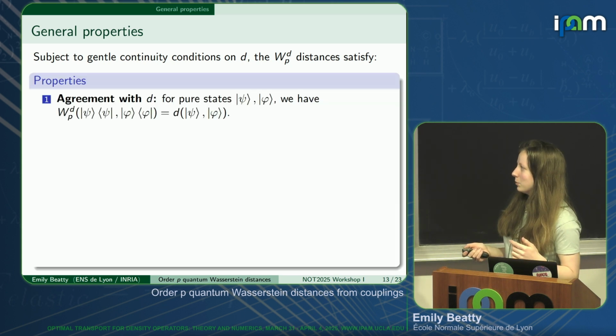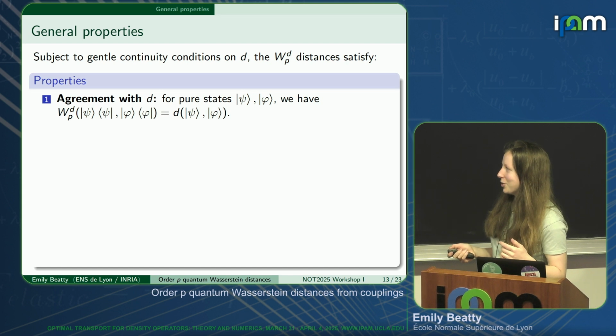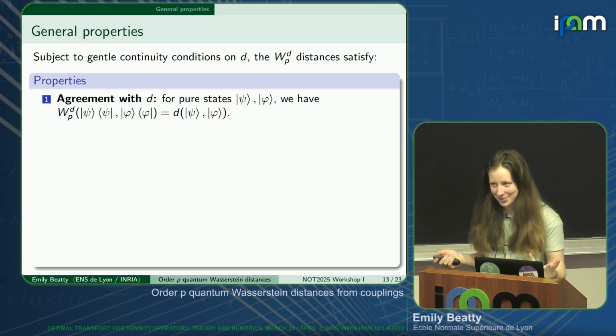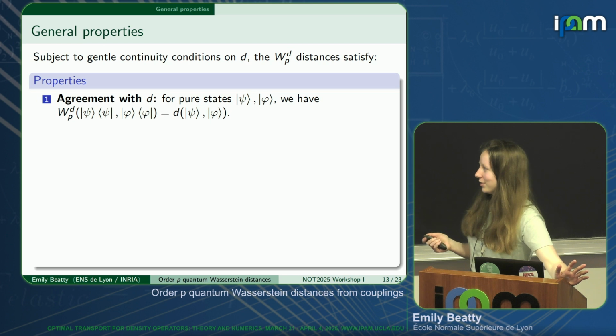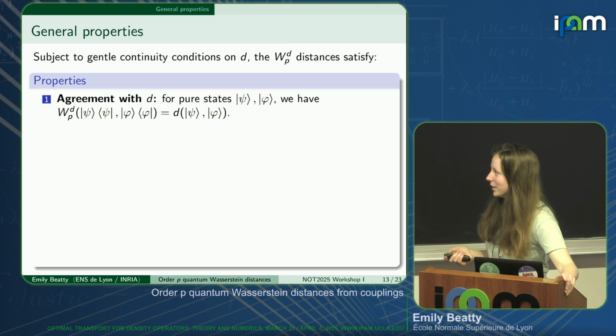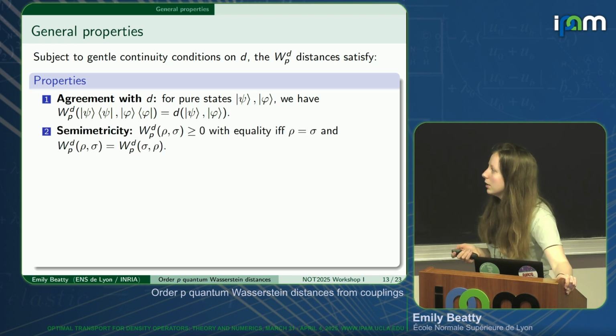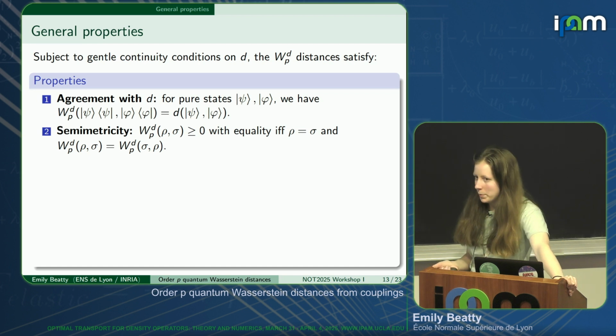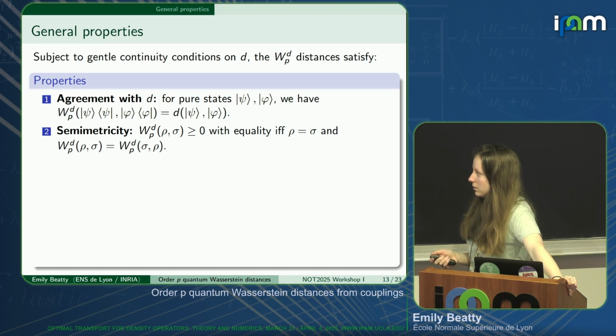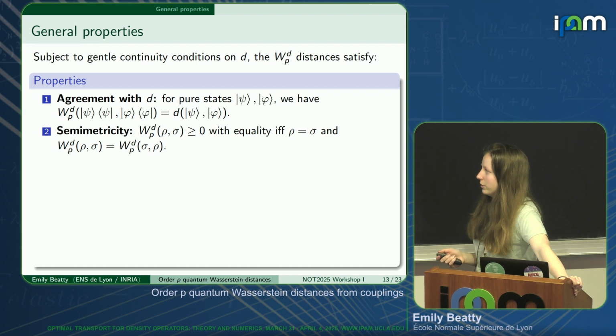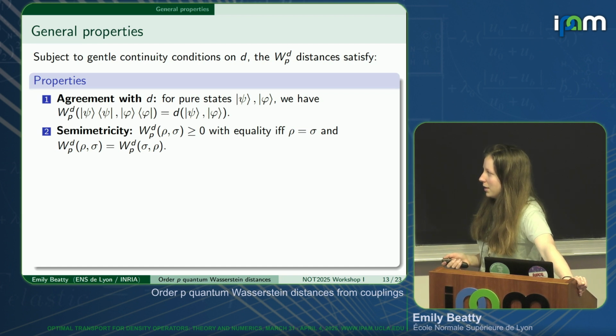Firstly, which is probably the most important one, it satisfies the property that motivated it, the kind of bare minimum you would expect: the distance between pure states, according to this definition, is independent of order P and agrees with the distance D you put on your projective Hilbert space. It's non-negative with equality if and only if rho and sigma are the same, and it's symmetric.